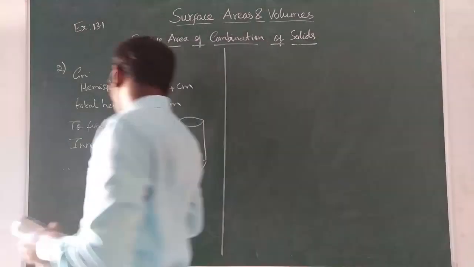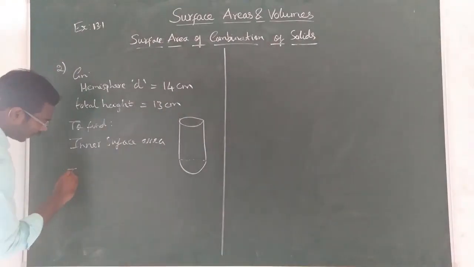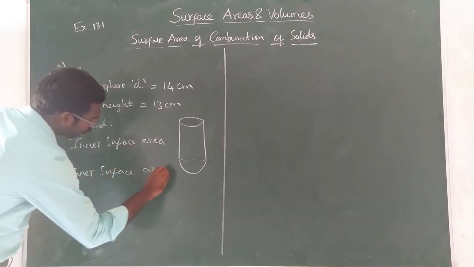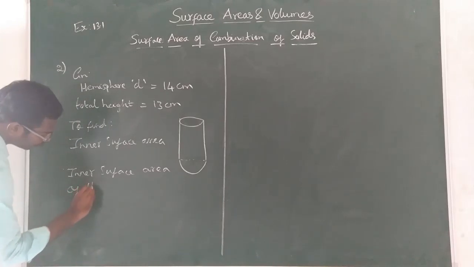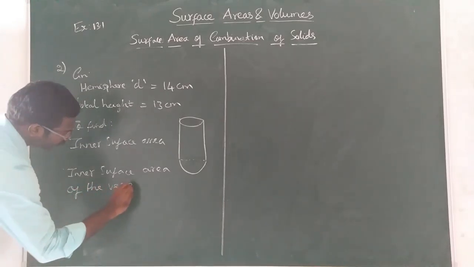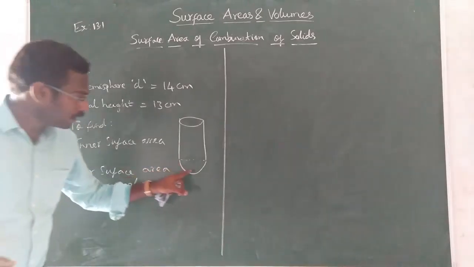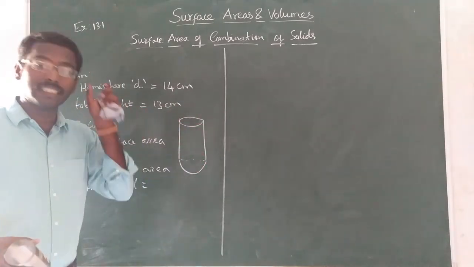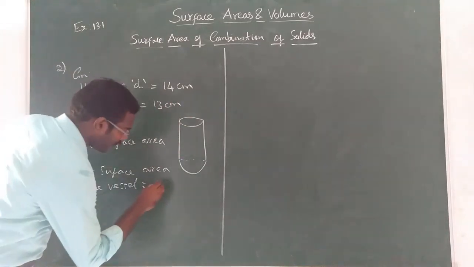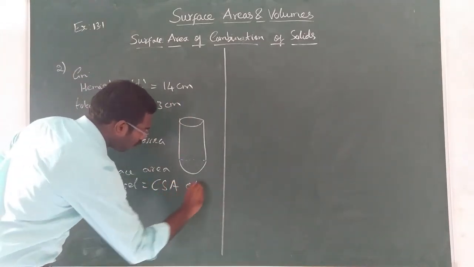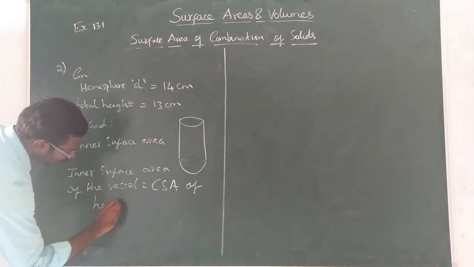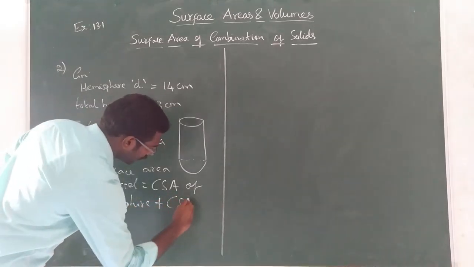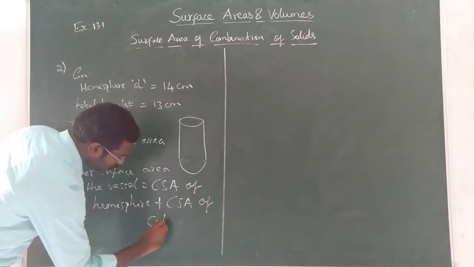Understood? So you can write the formula: inner surface area of the vessel is equal to the CSA of the hemisphere plus the CSA of the cylinder. That's all.